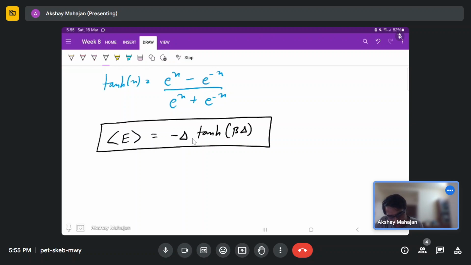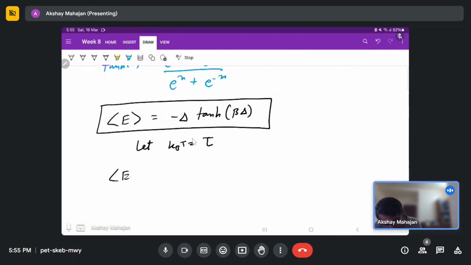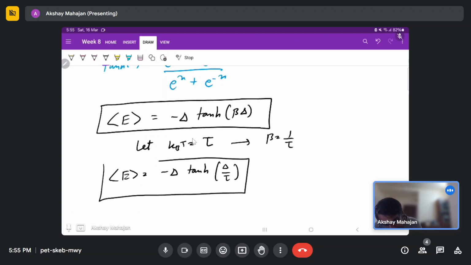Actually, I have done this problem in a different way. Because I have written kBT equals tau, let me write it like this, because I have solved this problem in this fashion. If you consider kBT as tau, beta is equal to 1 by tau, so I will write this as tan hyperbolic delta by tau.